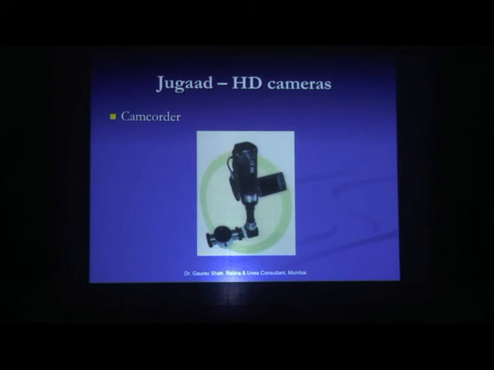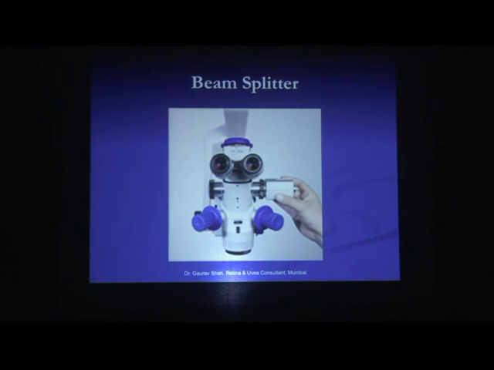This is possibly an even cheaper option because handycams of good quality are available for about 20,000 rupees, and this C-mount is available for approximately 8,000 rupees. So it's something like a 28,000 rupee investment. Besides your microscope, you already have a high definition recording system available. Again, the storage and transmission to a high definition TV is similar to the previous camera.